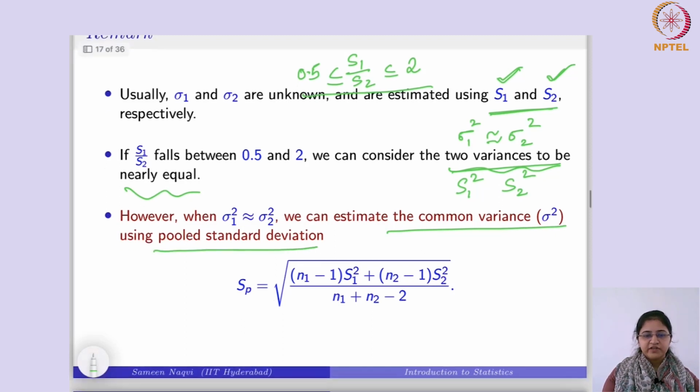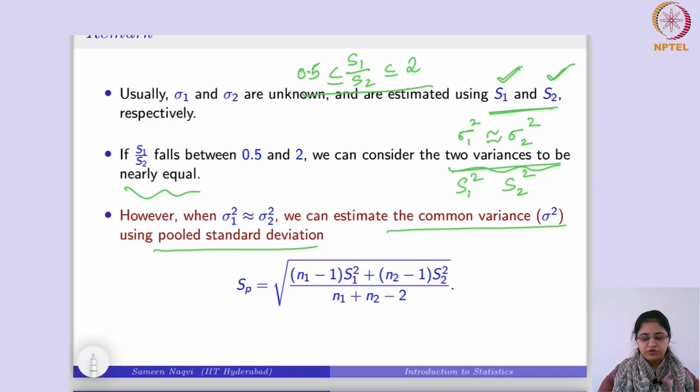using the pooled standard deviation. And pooled standard deviation is basically nothing but the weighted average of the individual sample variances. Okay, so you have S1 square and S2 square.